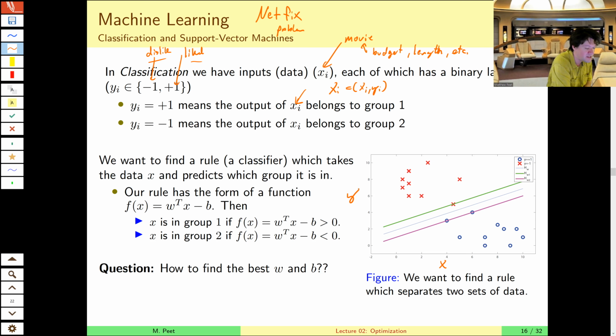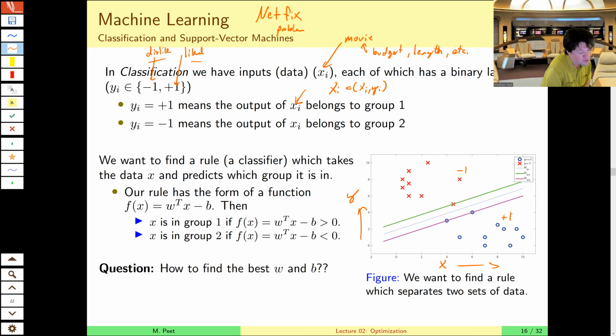These are the two pieces of data on the x and y axis here. So we have a bunch of data which says that points in this area have negative labels, and these points over here have positive labels.